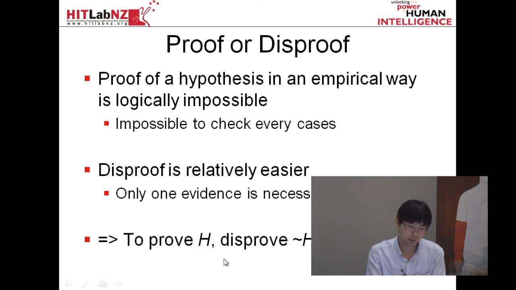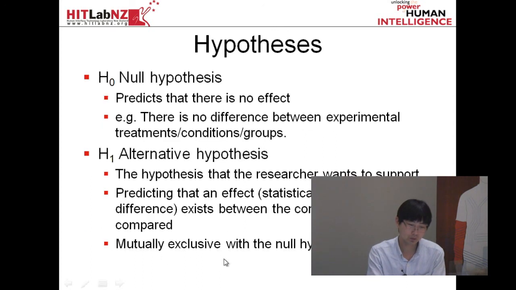That's why we come to the concept of the null hypothesis and the alternative hypothesis. Since disproving something is easier than proving something, the way scientists came up with is, instead of proving your hypothesis, you negate your hypothesis and disprove that negated hypothesis, and that's called the null hypothesis.